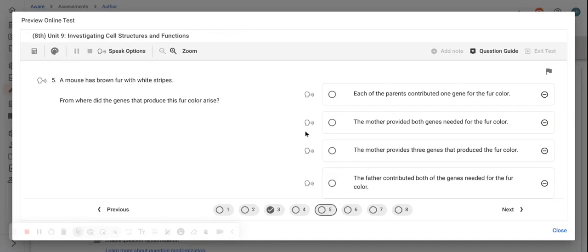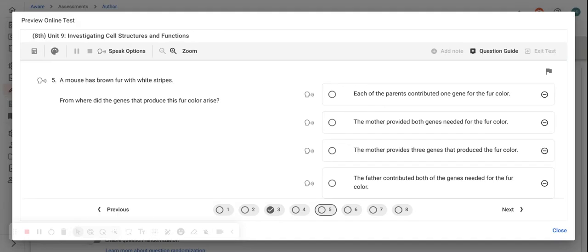All right, number 5. A mouse has brown fur with white stripes. Where did the genes that produce this fur arise? So let's start by reminding ourselves what genes are. Genes are instructions that come from parents for traits like fur color.